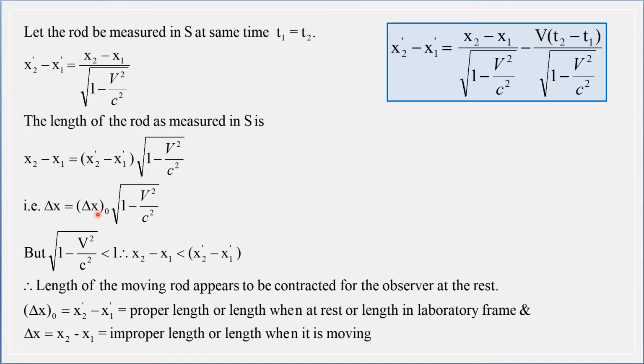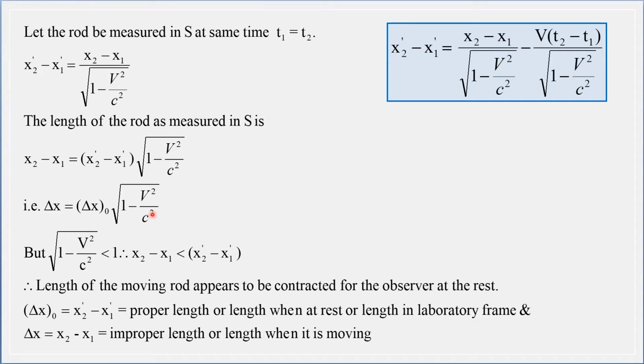Then this root of 1 minus v square by c square is less than 1, because we know that the velocity of light c is 3 into 10 raised to 8 meter per second, and normally bodies, for example a rod, can move at a much lower speed as compared to it. So v is much lesser than c, so v square is much lesser than c square.